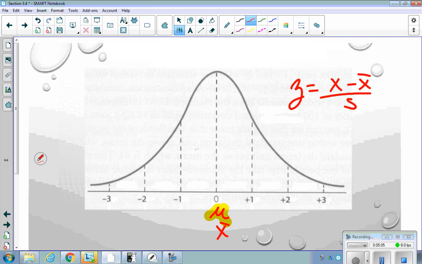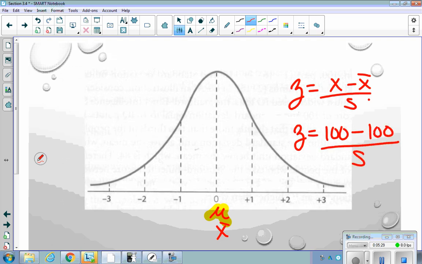So if my mean of some, okay, take the IQ scores. Say that particular person's IQ is 100, and I'm going to subtract the mean. What's the mean of IQ scores?